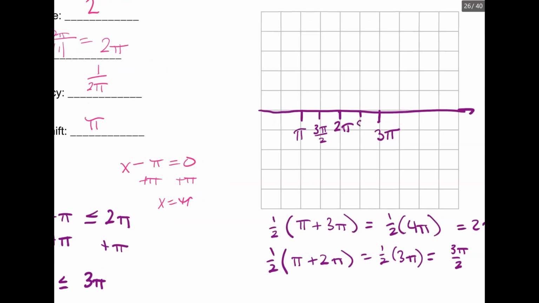And then hopefully we see this is 5 pi over 2, halfway between 2 pi and 3 pi. Half of 5 pi is 5 pi over 2. Beautiful. So I have all 5 of my x values.